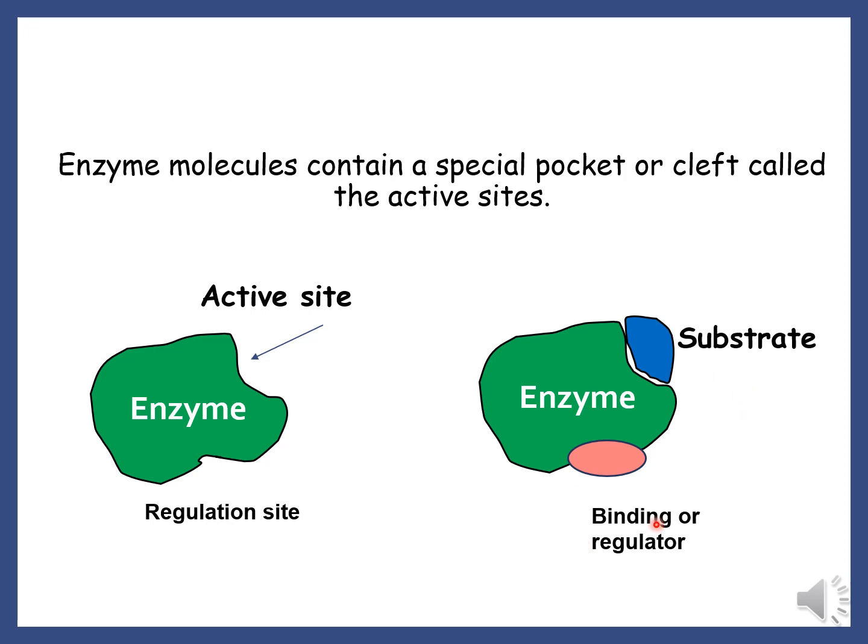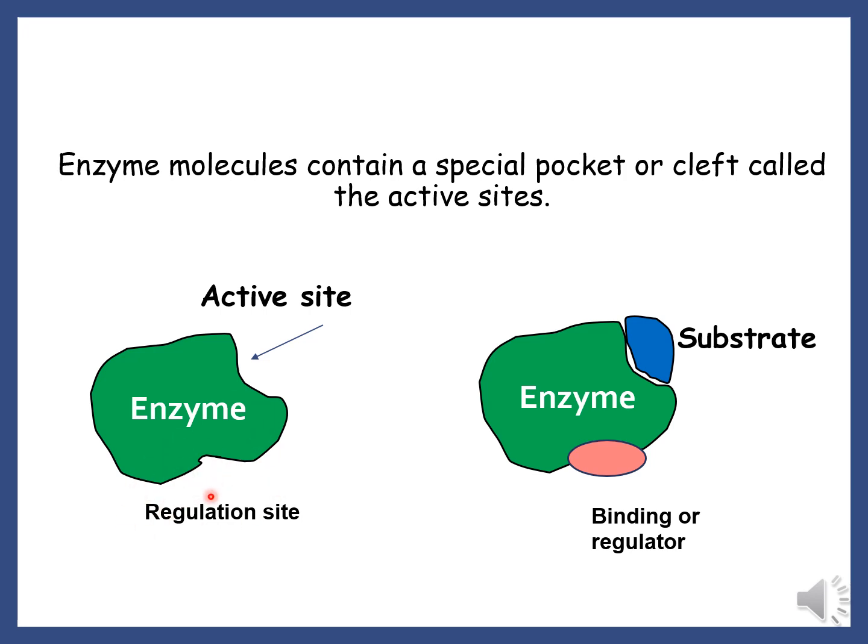So each enzyme has an active site, but naturally enzymes also have regulatory sites, because reactions in our body or in any living system are very controlled. So these regulatory sites help systems to regulate the enzyme activity.